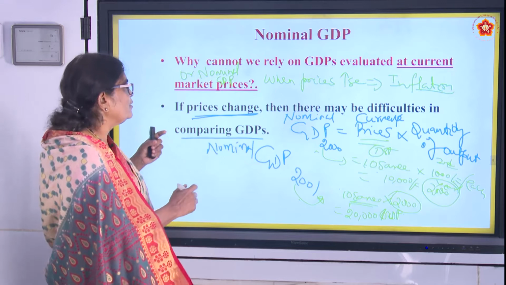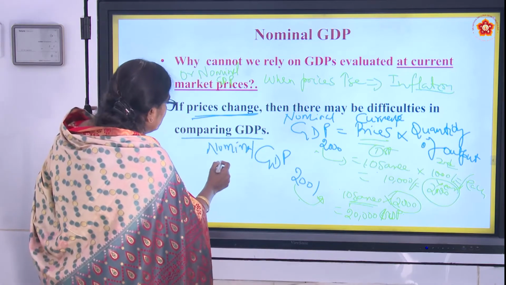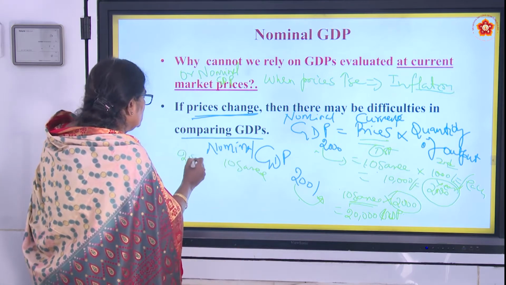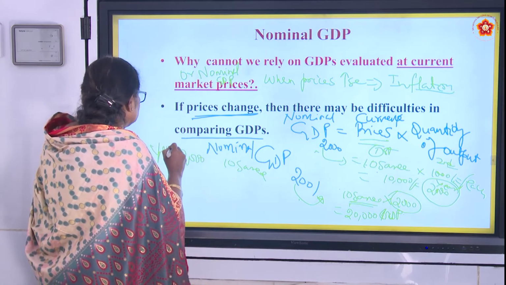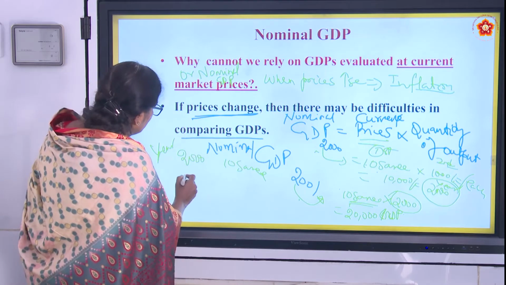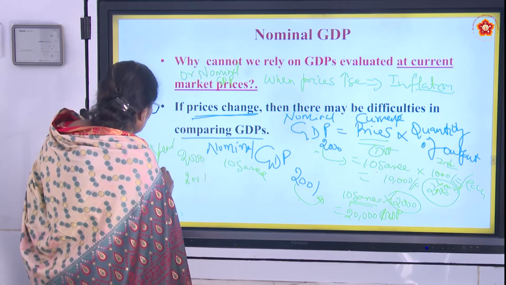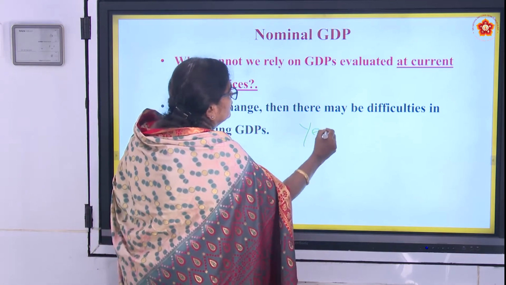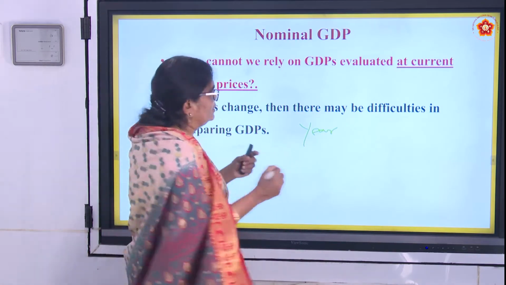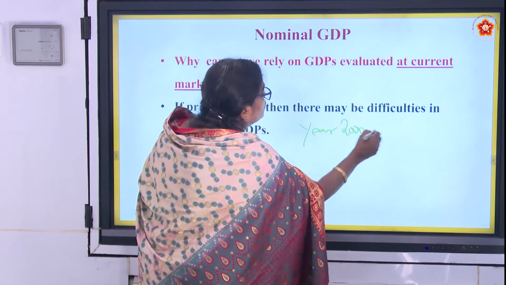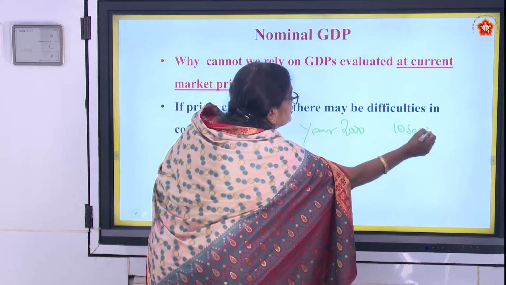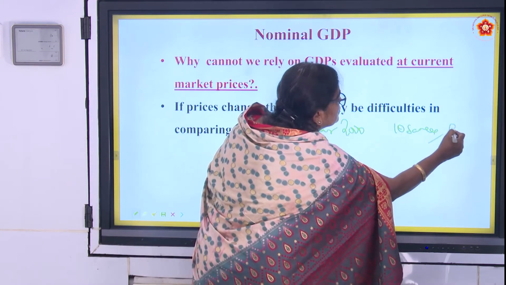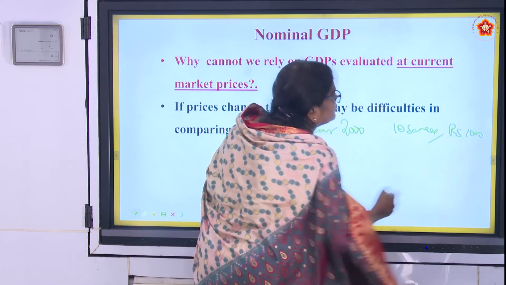Not only that, for instance, 10 saris in the year 2000, and year 2001 also 10 saris. I am going to explain deflation now. Year 2000, 10 saris, the price is 1000 rupees.